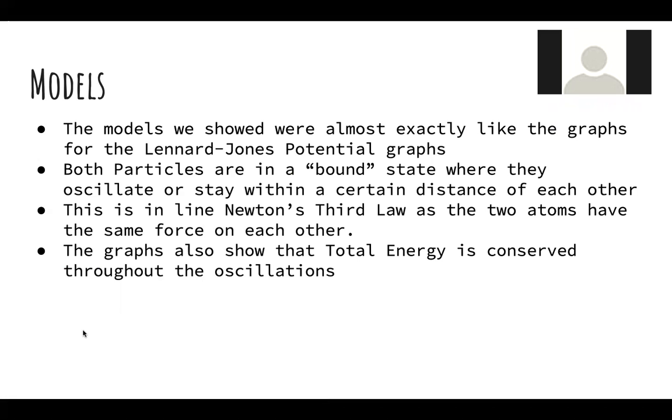So our energy graph in the last slide showed a full Lennard-Jones potential graph with both kinetic energy and total energy, along with the potential energy well, which is normally the only part shown in the Lennard-Jones graph. The particles oscillate within certain bounds of one another due to repulsive and attractive forces on the molecules, and this makes sense with our understanding of Newton's third law, where all forces have an equal and opposite reaction, which is shown by our speed graph.